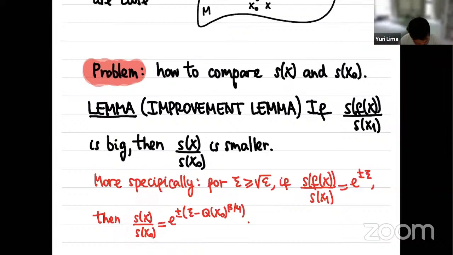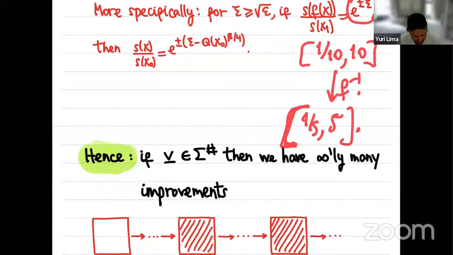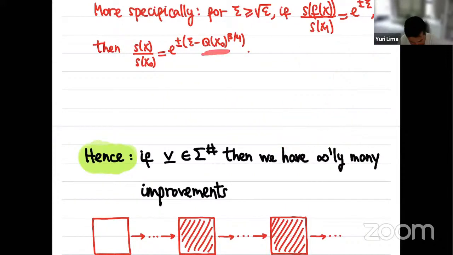It is of the order now of psi minus this number, which is a positive number. So if this was the interval, let's say, of size 1/10 to 10, after you apply the dynamics f minus 1, the quotient between the S parameters will go to a smaller interval, let's say 1/5, 5, exactly because the psi diminishes to psi minus this.